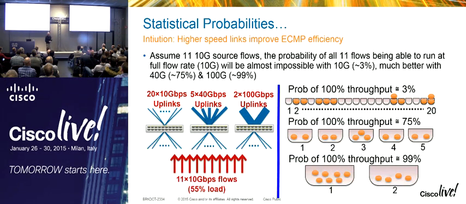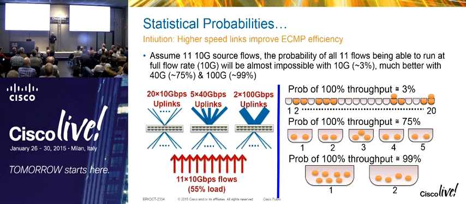Deal? He said, if I have 20 servers connected to this switch and 11 are sending out line rate traffic, when you hash that out of the switch, if it's 10 gig in and 10 gig out, as soon as you're over 50% of the bandwidth, you have a 3% chance that 100% of the bandwidth will be transmitted successfully out of that switch.